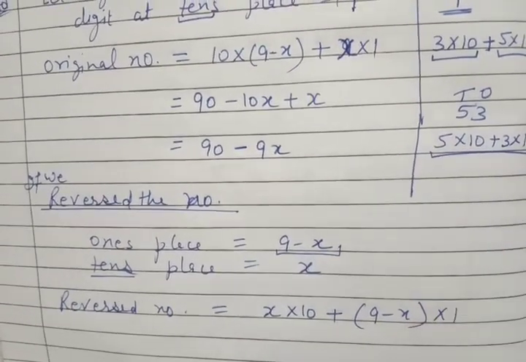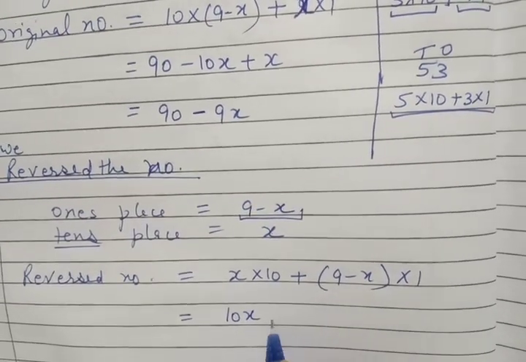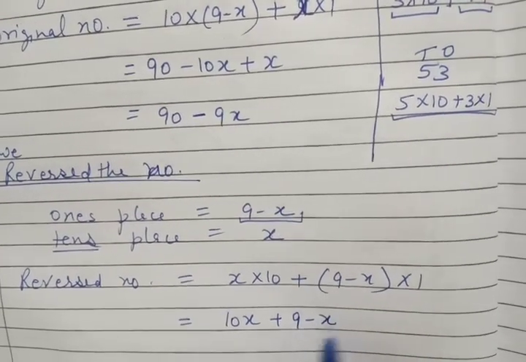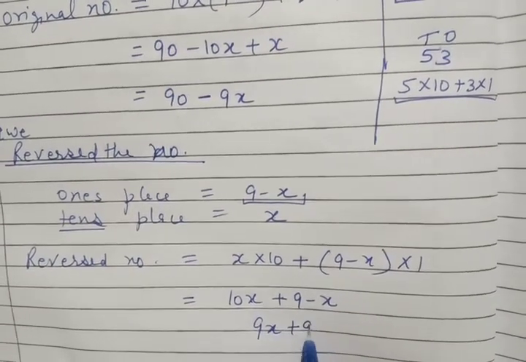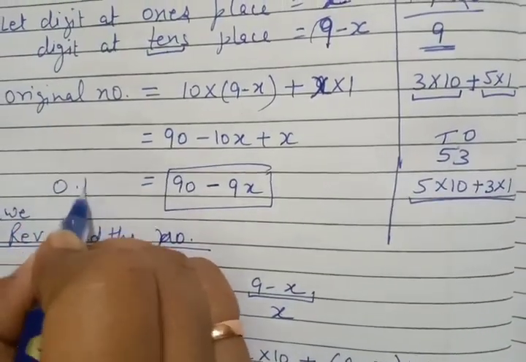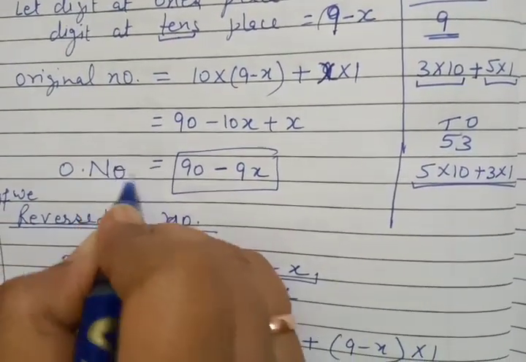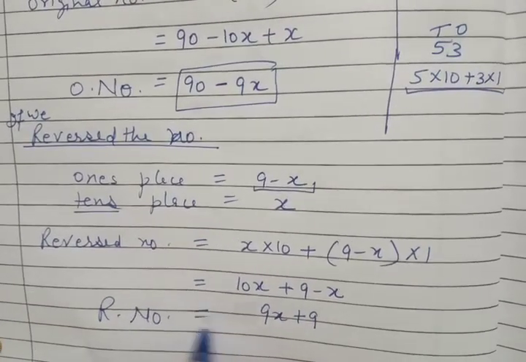Expanded form all of you know. So this is 10x. When you multiply with 1, nothing will be changed. 10x minus x will be 9x plus 9. This is our original number, I am writing in short, original number, and this is our reverse number.